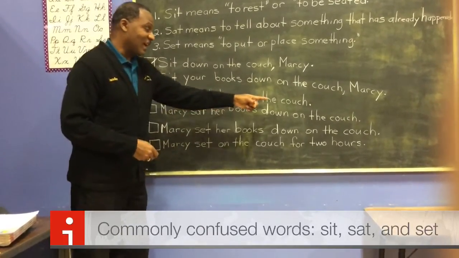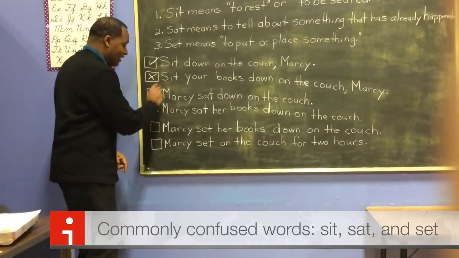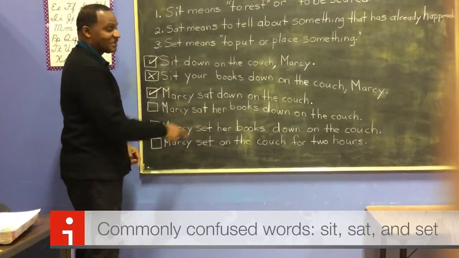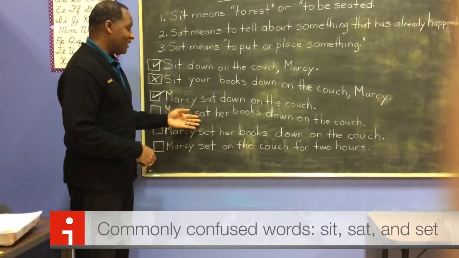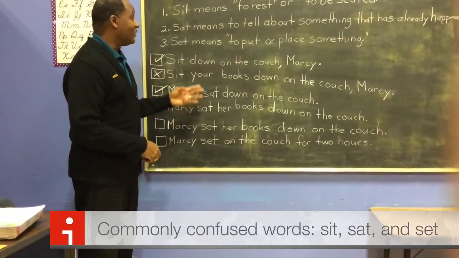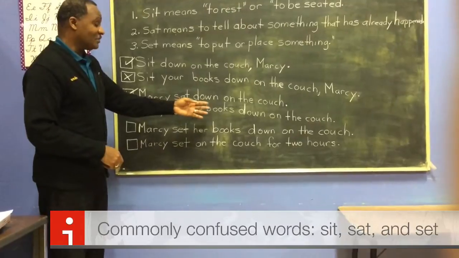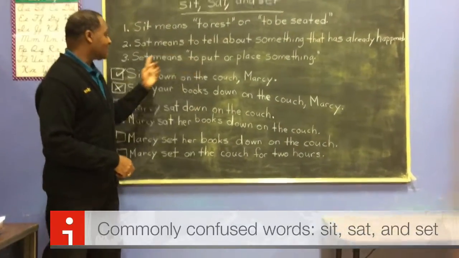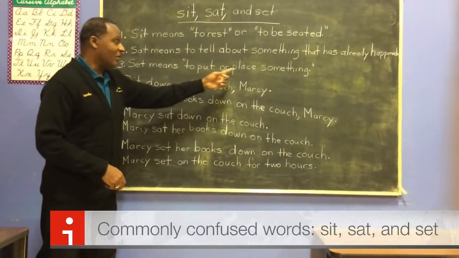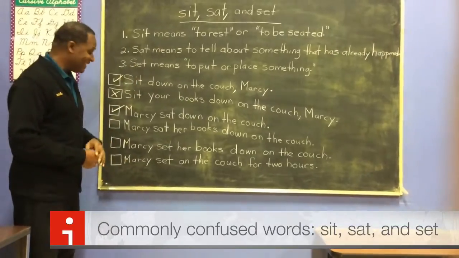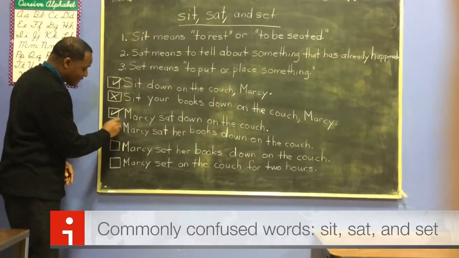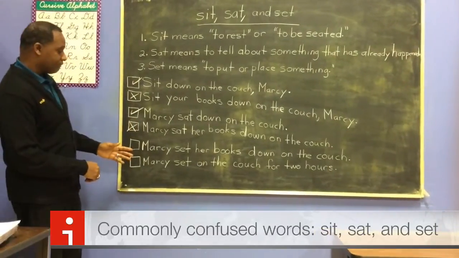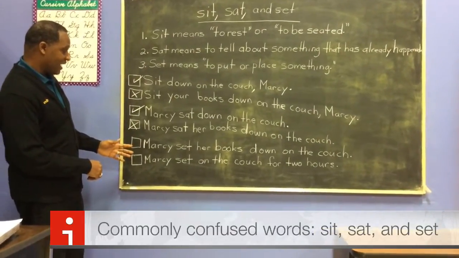Marcy sat down on the couch, and so that would be the correct one, not Marcy sat her books down on the couch, because that would not be the correct use of the word sat to explain Marcy putting down books, because this one means to put or to place. That's S-E-T. And of course this one is wrong. Let's see if you can see that.